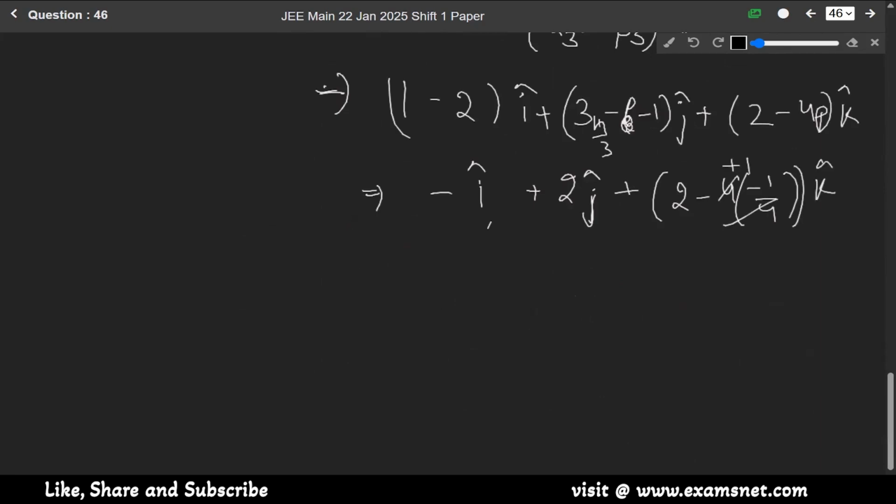So it will become minus i cap plus 2j cap plus 3k cap.